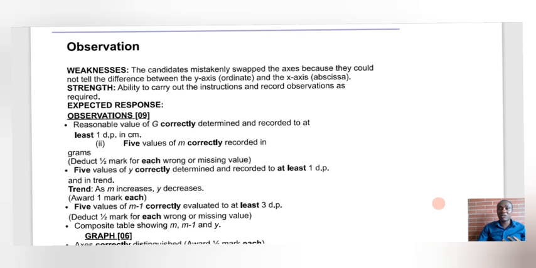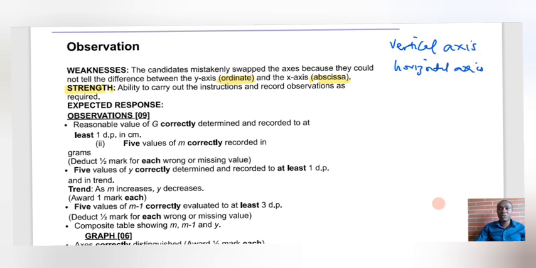In that question, they did not use the normal plot of the graph of so and so on the vertical axis and the other parameter on the horizontal axis. So the ordinate is the y-axis and the abscissa is the x-axis, in case you're asked to do that again.